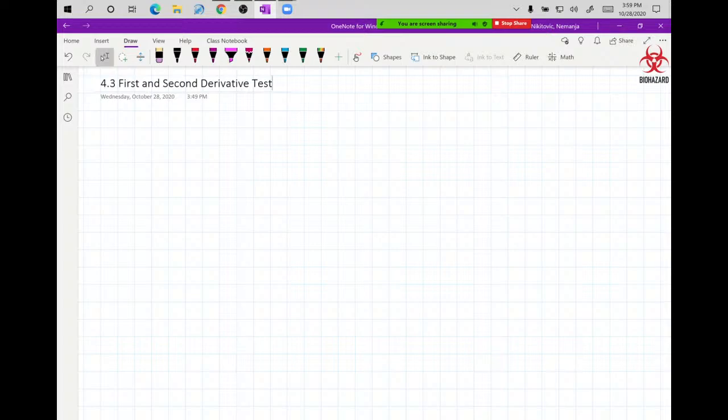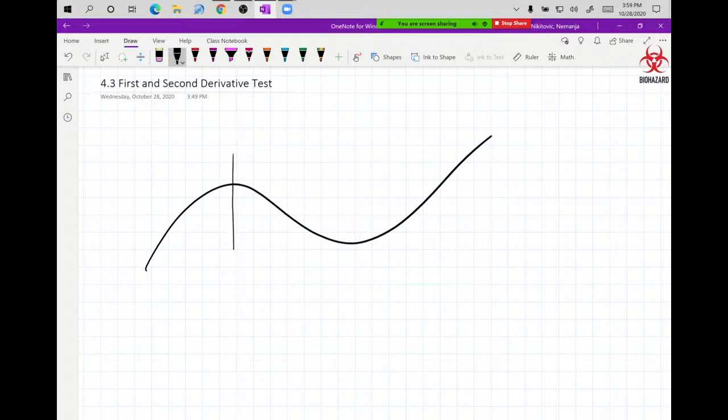So if I draw any kind of a function, I can break that function at these min and max values, which are the critical points.